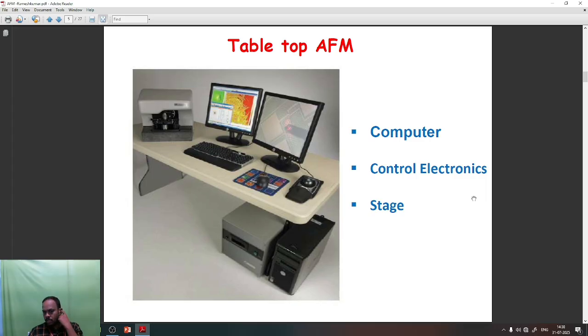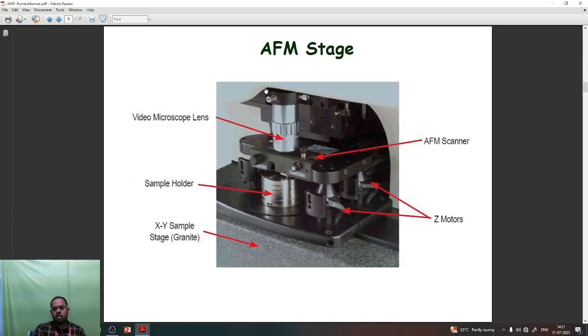This is the picture of a tabletop AFM, a computer-controlled AFM instrument with control electronics and stage. This is the overall image, and these are the main parts involved in the atomic force microscope. The video microscope lens, through which we see the images of the sample surface.